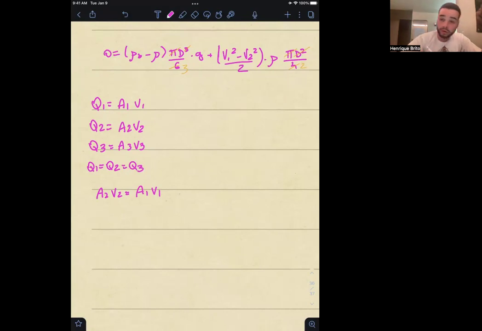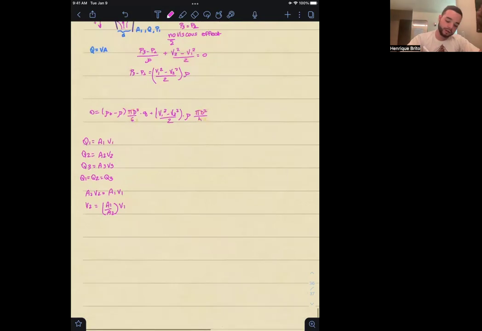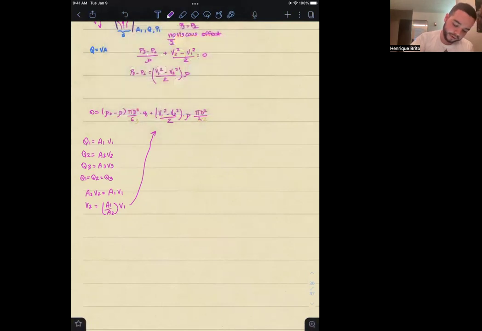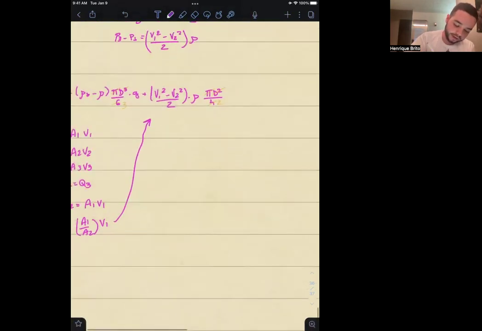Okay, so if we were to isolate V2 to make our lives easier, we would say that V2 is equal to something times V1. All right, so let's plug this on there, and I'm going to move this around. Let's add that to each side.